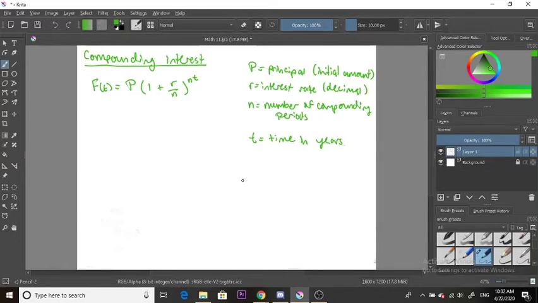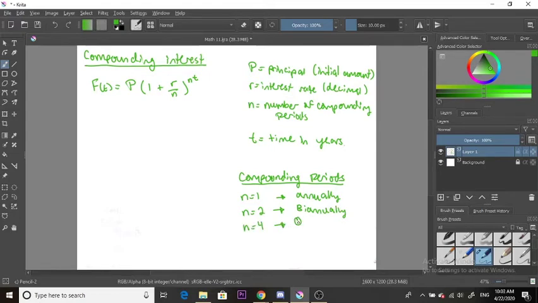So, something to note for compounding periods. I'll put it right here. N is equal to 1 if it is annually. N is equal to 2 if it is biannually. N is equal to 4 if it is quarterly.